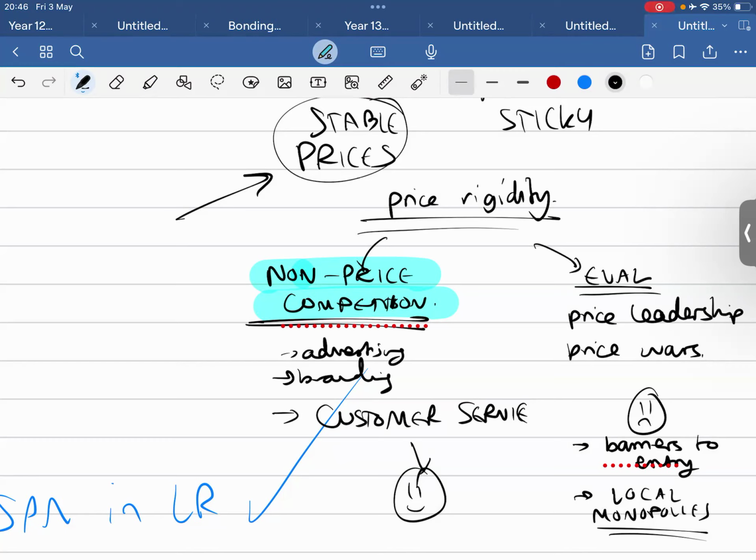You could mention that the kinked demand curve shows the model in theory. However, in reality, the model could be limited because it assumes that firms can never compete on price. However, there are some instances in real life where a firm can compete on price. For example, if they have a local monopoly and they are one of the only supermarkets in that particular area.